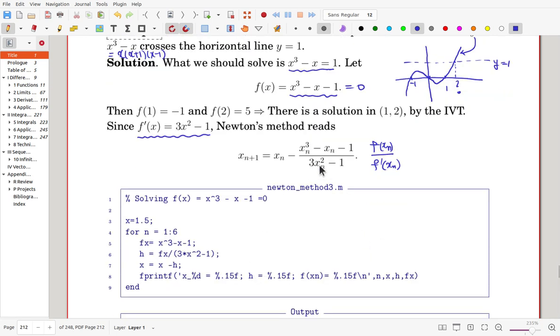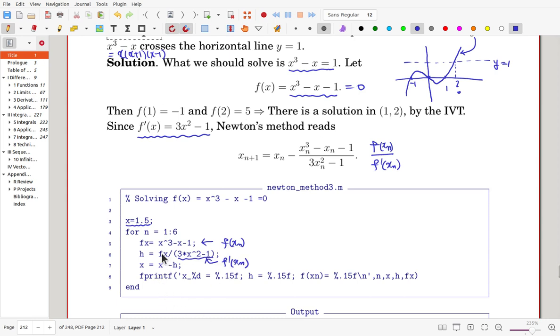That algorithm can be implemented in this way. Start with x0 is 1.5, and at each iteration we make f of x, saving basically f of xn. Now this term is the correction term, f of x divided by this part, the same as f prime at xn.